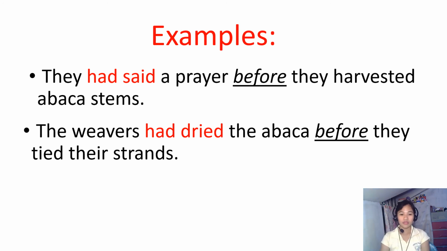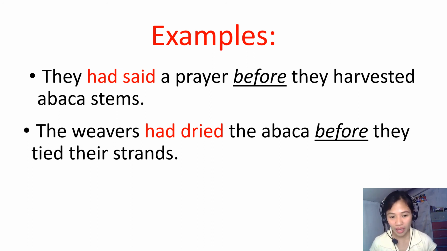Again, had has been used, and dried is the past participle of the verb dry. Had said, had dried. And for this we have before. Put it in your mind that a past perfect tense usually has before in the sentence to show that it already happened in the past.